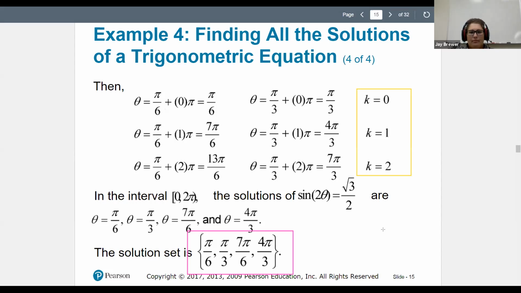Because aren't they the points inside the restricted range? Right, so they were looking for those next three, okay? All right.